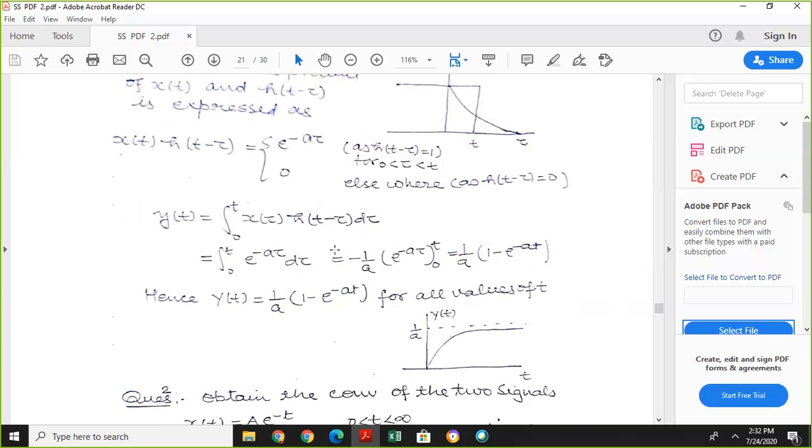So we get this expression, integrate it, put the limits in, and you get the final result: y of t is 1 by a times 1 minus exponential of minus a t for all values of t, and draw this by t, you will get the final output.